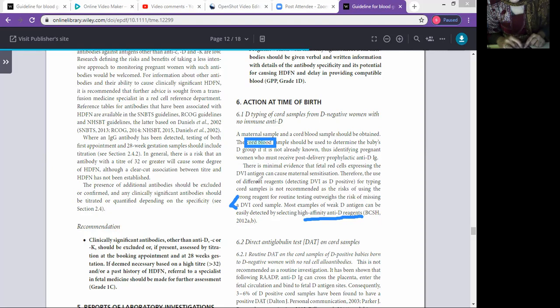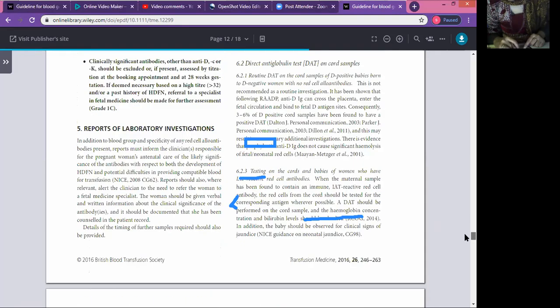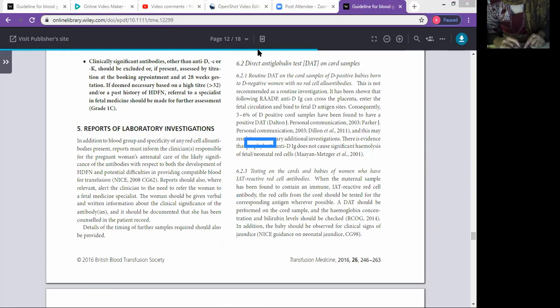So as a fetus, the partial D need not be identified, but the weak D can be detected using high affinity anti-D reagents. That is also done on the cord sample. So we do ABO forward grouping and D typing, in which the DVI antigen is not routinely tested, but the weak D is detected.